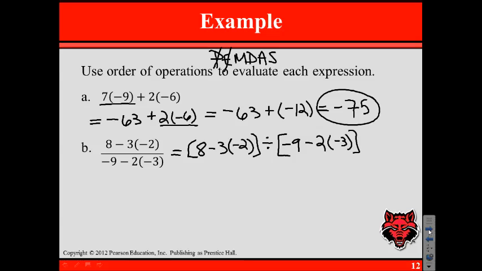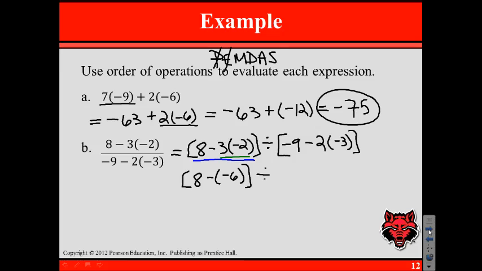So in this case, going through our order of operations, we do have grouping symbols. And when we have multiple grouping symbols that are not nested within one another, we'll just work those from left to right. So starting with 8 minus 3 times negative 2, we have subtraction and multiplication. So we will start with the multiplication. 8 minus 3 times negative 2 is negative 6.